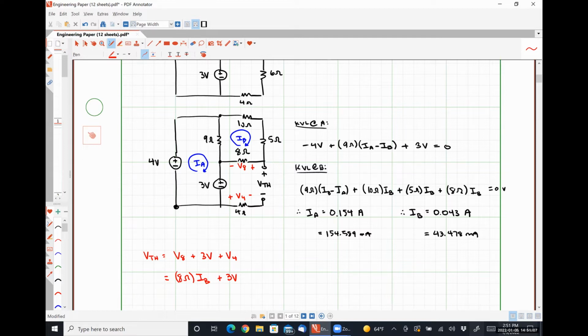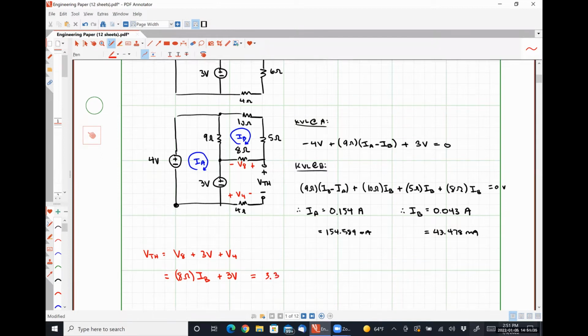So our Thevenin voltage is just going to be 8 ohms times IB plus an additional 3 volts, which I get to be 3.348 volts.